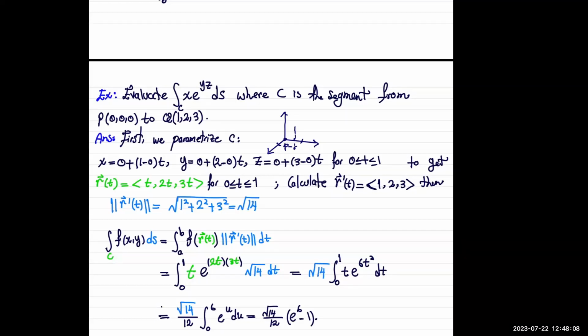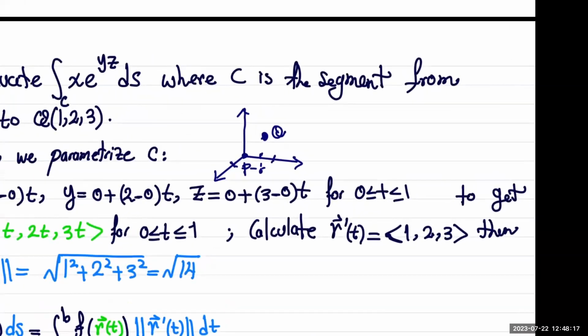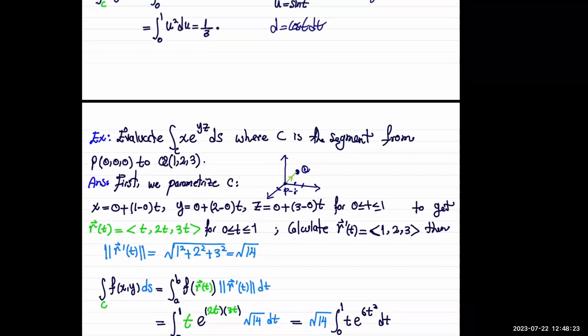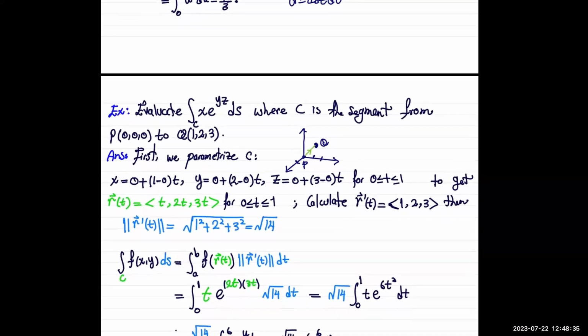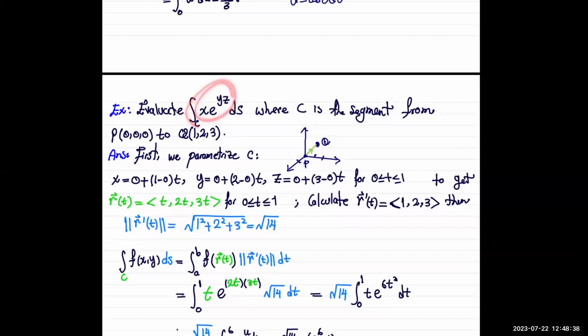Somewhere around here is Q. So C is that line segment, and we want to find the integral of this four-dimensional function over this line. What does that mean? Geometrically, it doesn't mean anything.